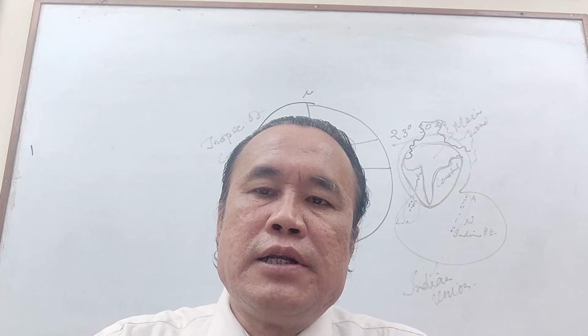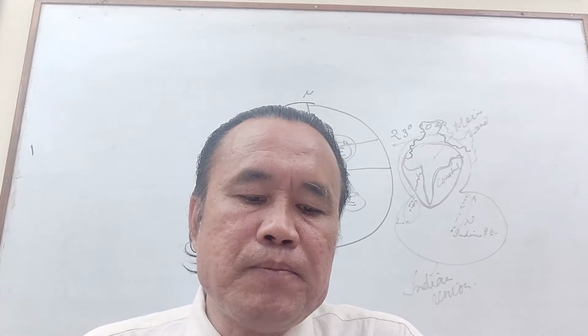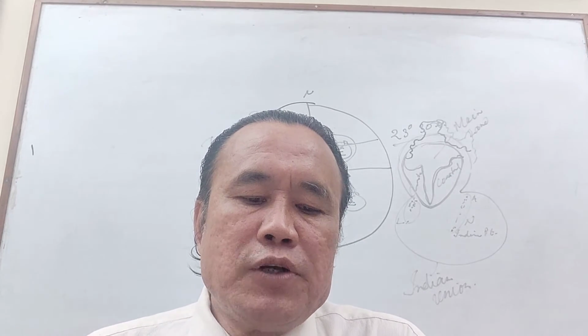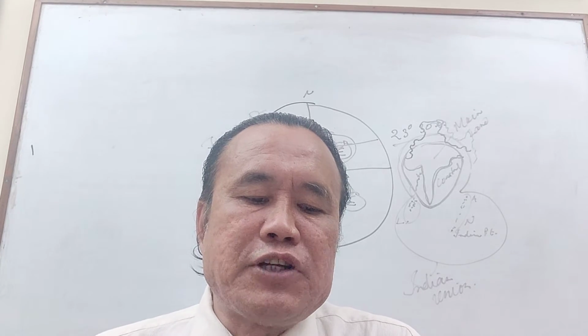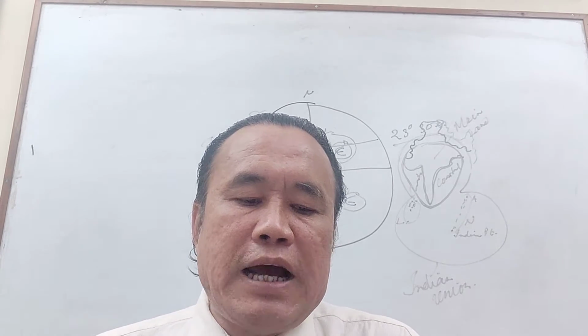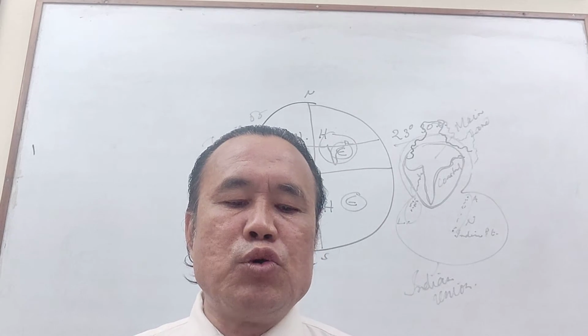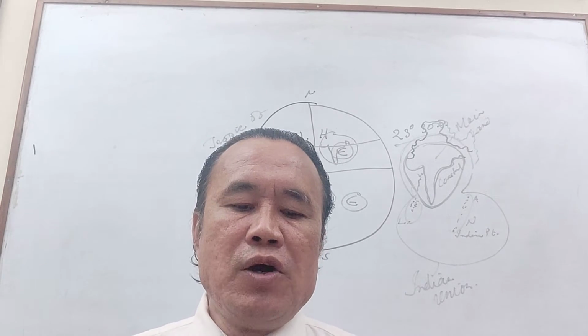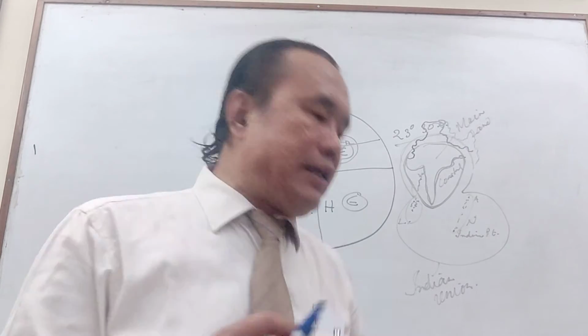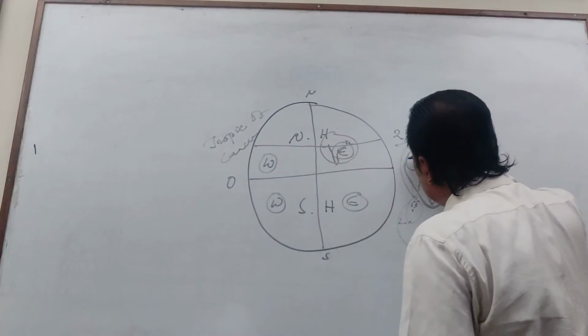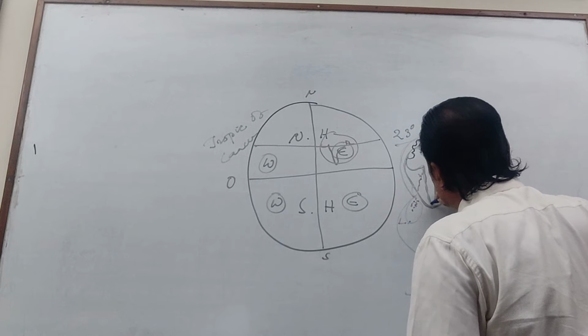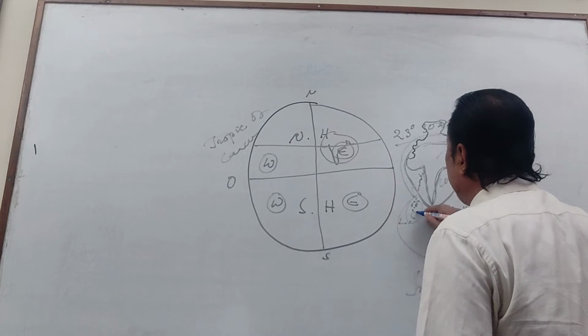In the northeast, this is known as the Purvachal mountain. South of about 22 degrees north latitude, it begins to taper and extends towards the Indian Ocean, dividing it into two seas, the Arabian Sea on the west and the Bay of Bengal on the east. So it begins to taper out here. This becomes smaller here. This will be the Indian Ocean.